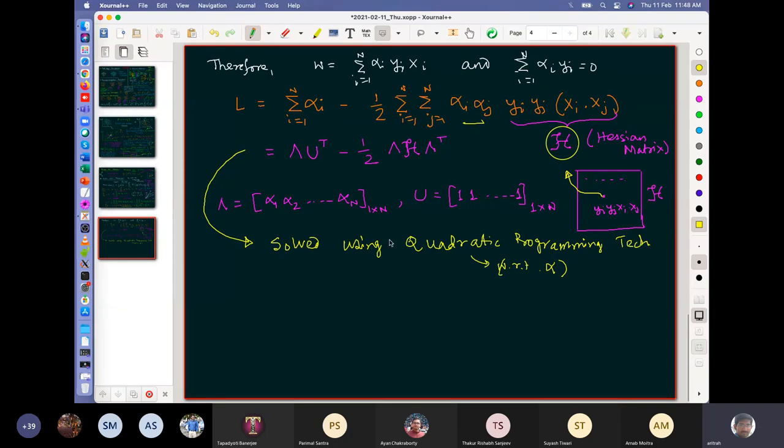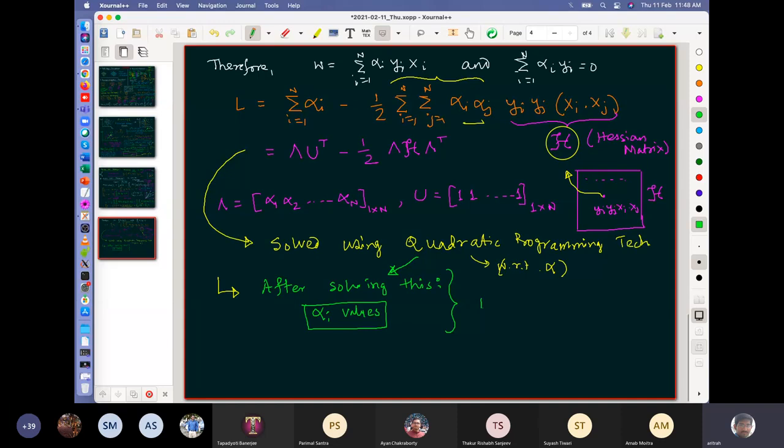So it is quadratic in terms of alpha due to this relation. So it's quadratic programming that can solve this. After solving this using quadratic programming, we will have in our hand the values of alpha i's.